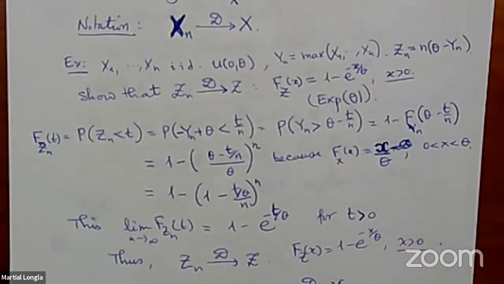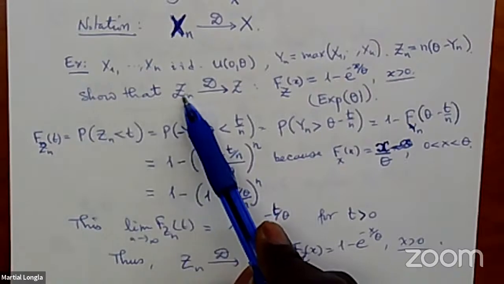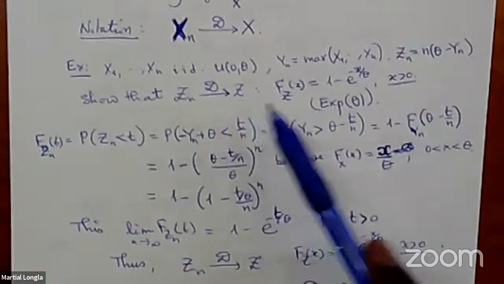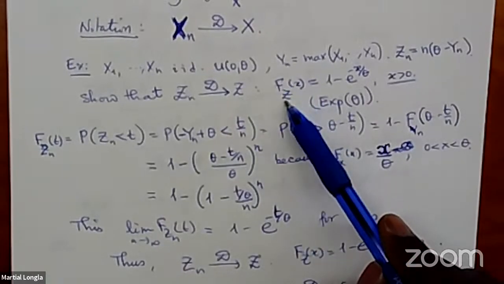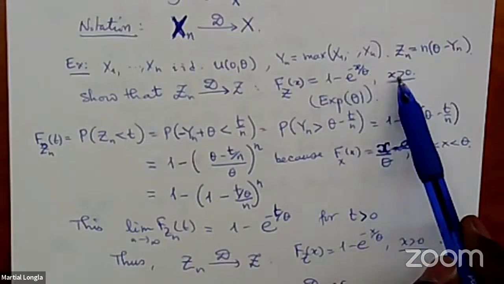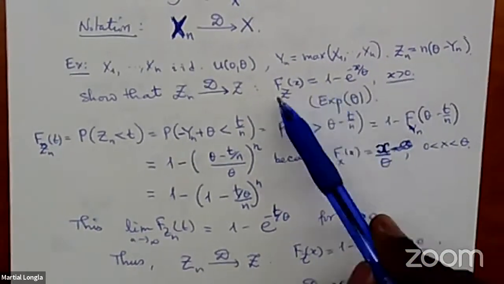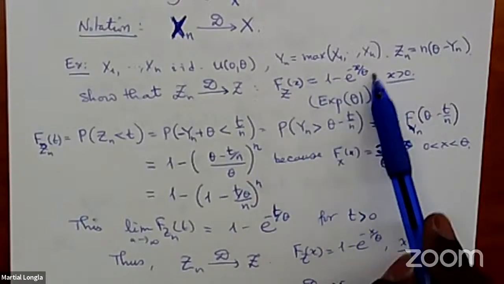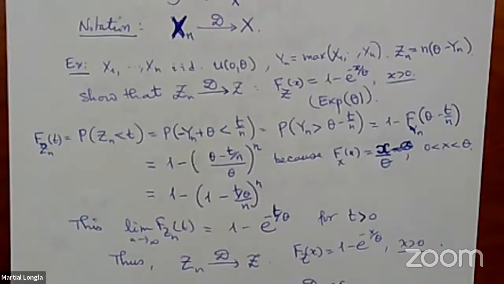And the question is, show that Zn converges in distribution to Z, where the CDF of Z is 1 minus e to negative x over theta for positive x. And I remind you, we saw this last time, that's the exponential distribution with parameter theta.